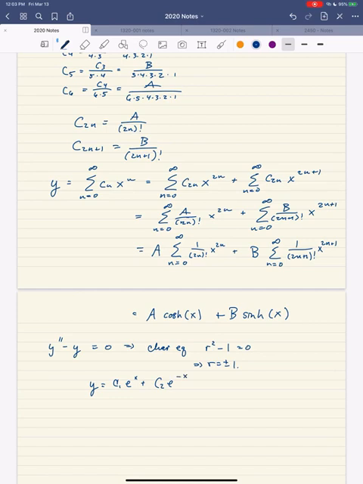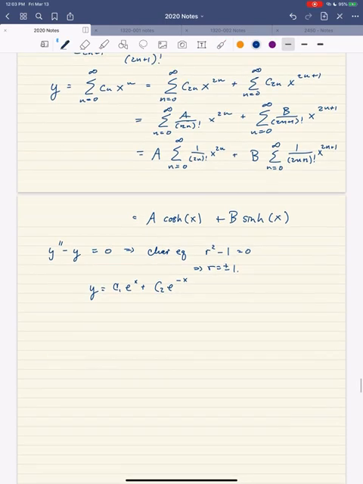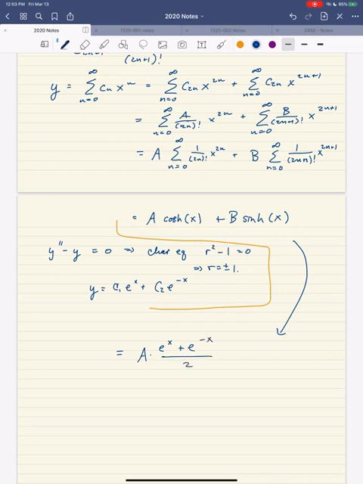And that is in fact what we get if you remember what hyperbolic cosine and hyperbolic sine really are. So just to verify that these are the same, we're going to get that a hyperbolic cosine and b hyperbolic sine, remember, hyperbolic cosine can be written as e to the x plus e to the negative x over 2.